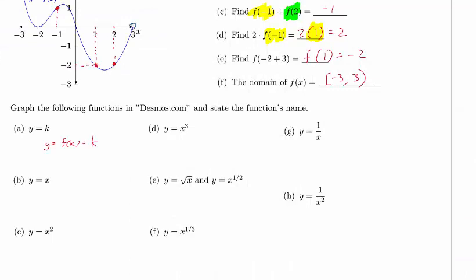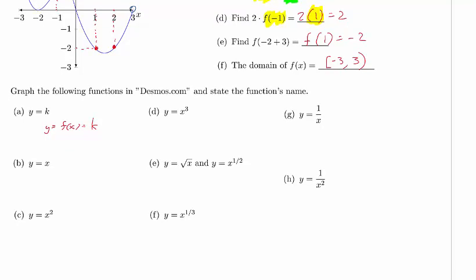Alright, the next one is what's called the identity function. The identity simply means it doesn't matter what value of x I put in, y is going to be the exact same thing. The reason it's called the identity function is that we've dealt with identity operations already.